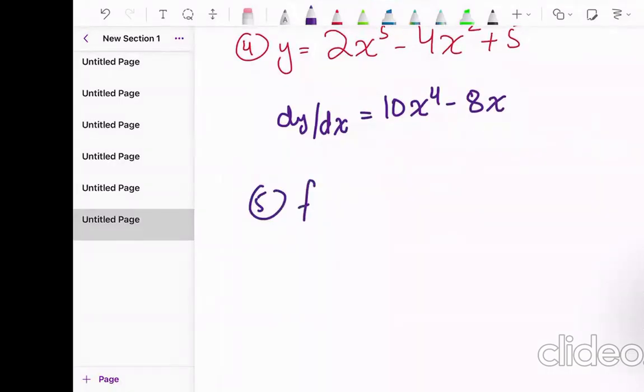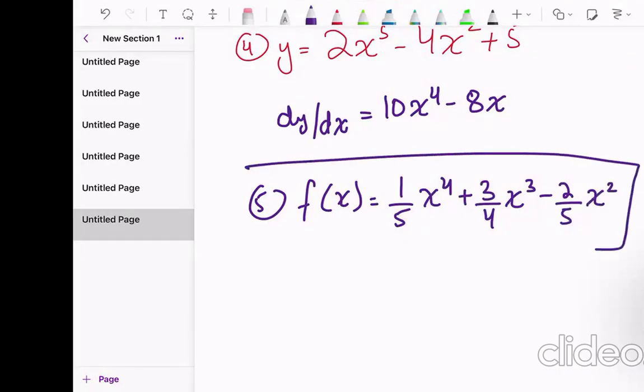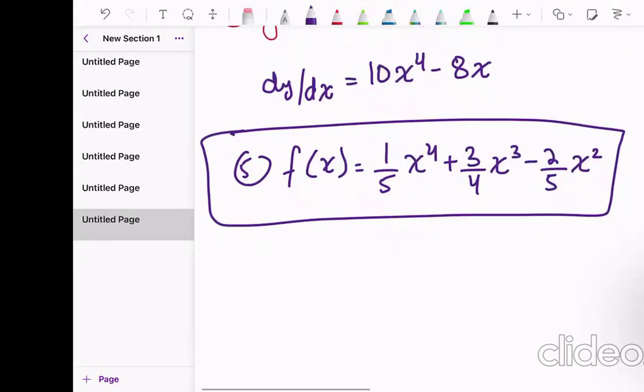Now we will try one more part. We will take a different question. Okay, try this one and tell me the answer quickly. 1 upon 5 x to the power 4 plus 3 upon 4 x cube minus 2 upon 5 x square.